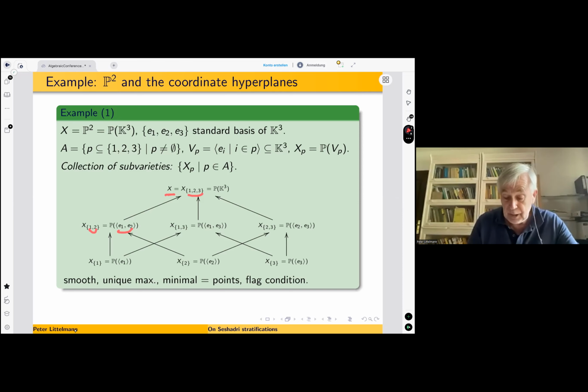And we see in this collection, we have the big variety, we have the coordinate hyperplanes, and we have their intersections. We see that all these subvarieties are smooth. I have a unique maximal one, which is the variety itself. The minimal varieties are just points. And from the Hasse diagram, we also see immediately that the flag condition is satisfied.